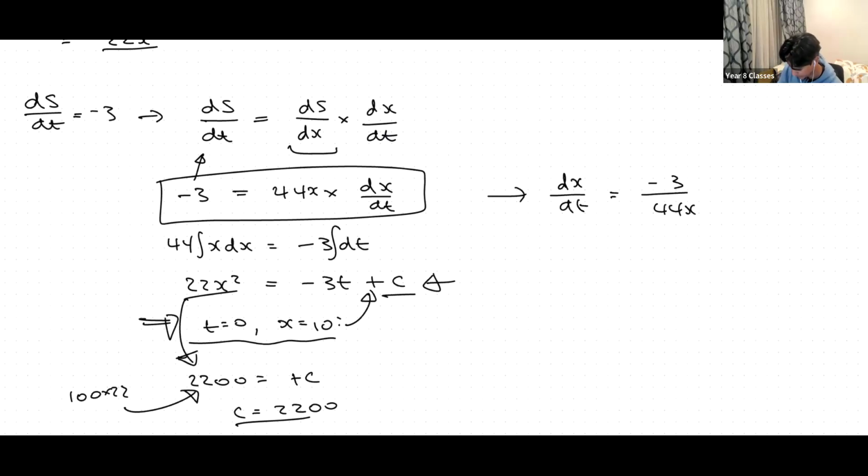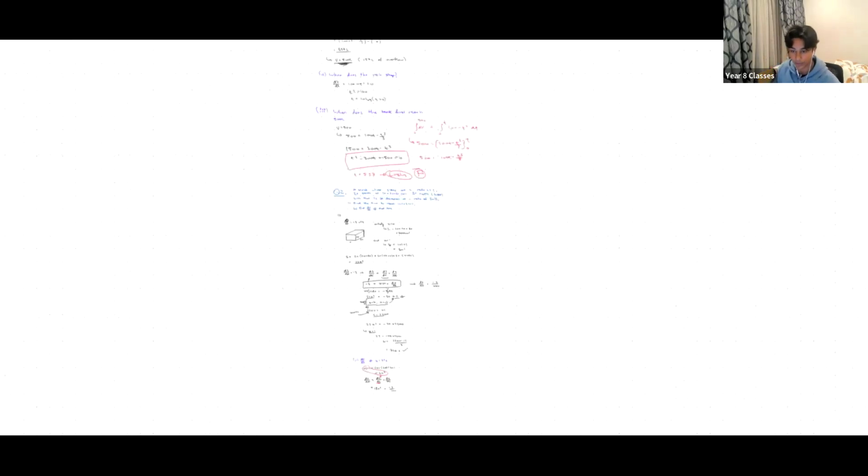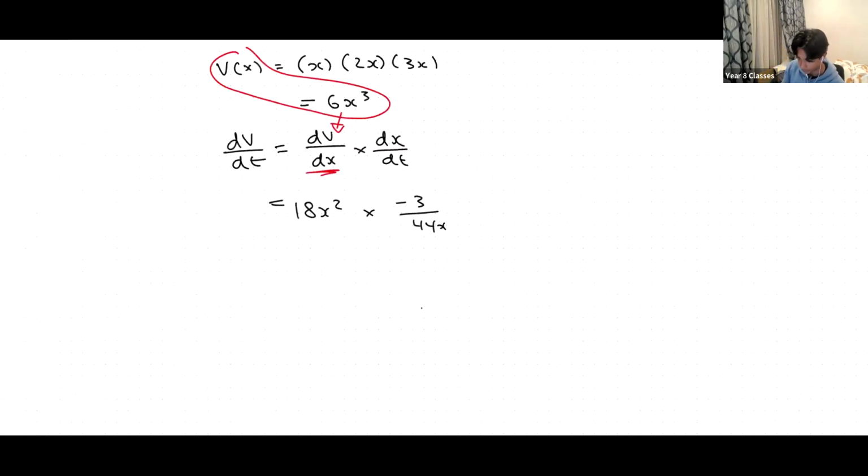So going down here, minus 3 on 44x, and that's just going to give you minus 27 on 22x. And we're looking for, at the time 7:26, what is x at that time?